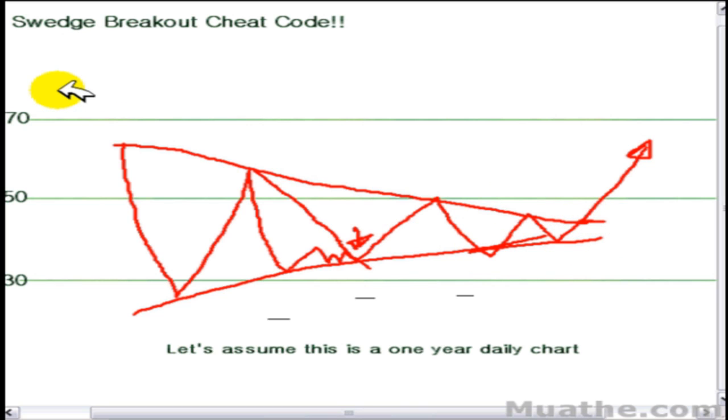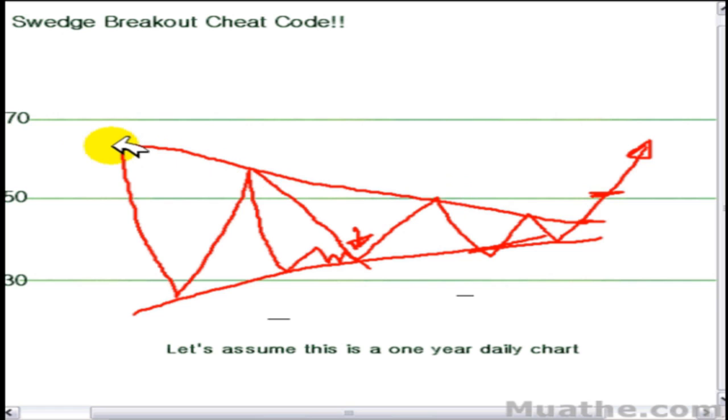Now I'll show you some examples so that kind of makes sense, but this does explain it. So your entry point is going to be here with a cheat code, swedge breakout, because this line is now tested, it's been hit twice, more than twice, confirmed in the short term, and now the stock is moving out of that range. Now always remember, our best buy points are when the stock breaks out above the 50 with a swedge breakout.